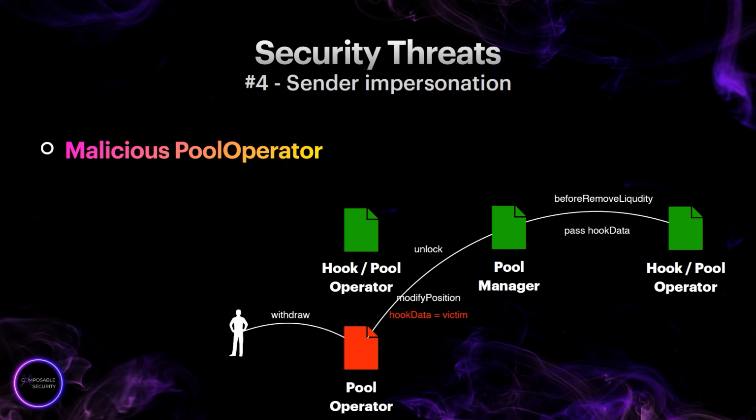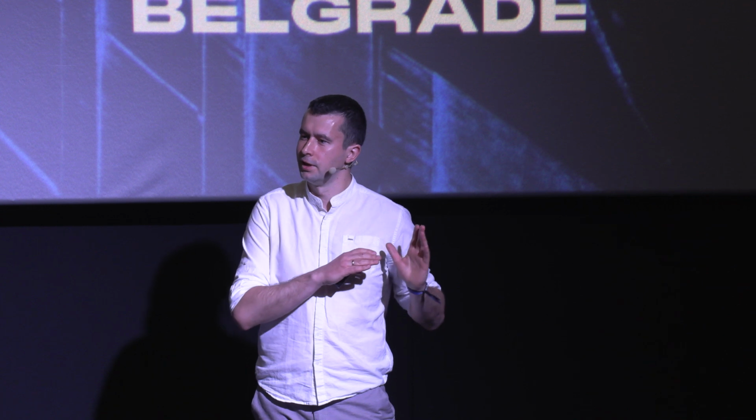So you simply change the sender. Now you want to steal some tokens. You want to steal some liquidity from the victim. So you specify that the victim is the initiator of the operation. And what would pool manager do? Pool manager has this hook address hard-coded. Not hard-coded, but stored in the storage.